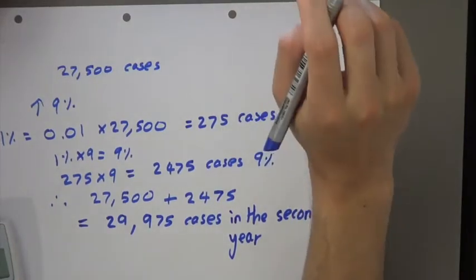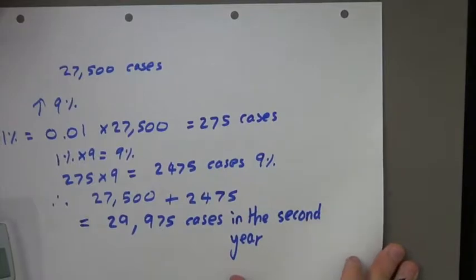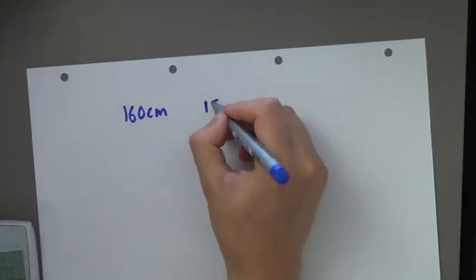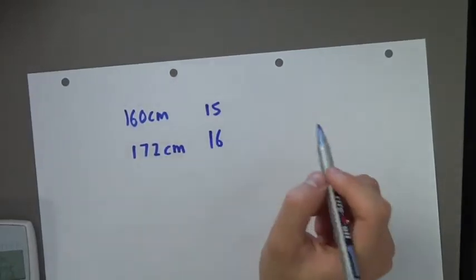Okay, Abdul's height was 160 centimeters on his 15th birthday. It was 172 centimeters on his 16th birthday. What was the percentage increase? So, it was 160 centimeters when he was 15, and then 172 centimeters on his 16th birthday.